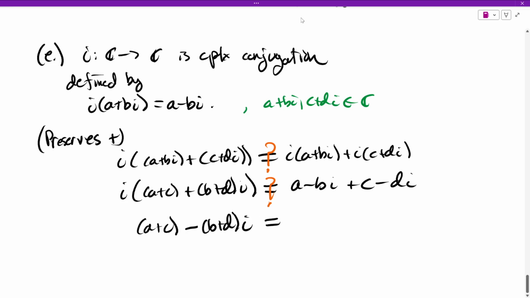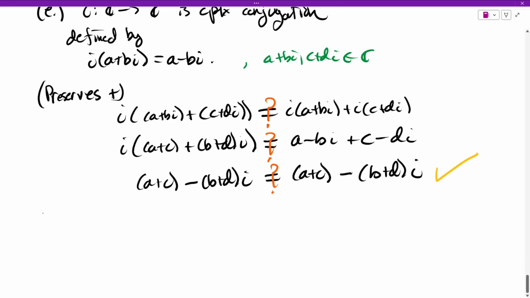On the right-hand side, we can associate the real parts, and then we have a negative b and a negative d, so we can pull out a negative i. I'll put the negative in front and the i on the right. Are these equal? Yeah, these are equal. So we're gold. So that's preserves addition. Great.